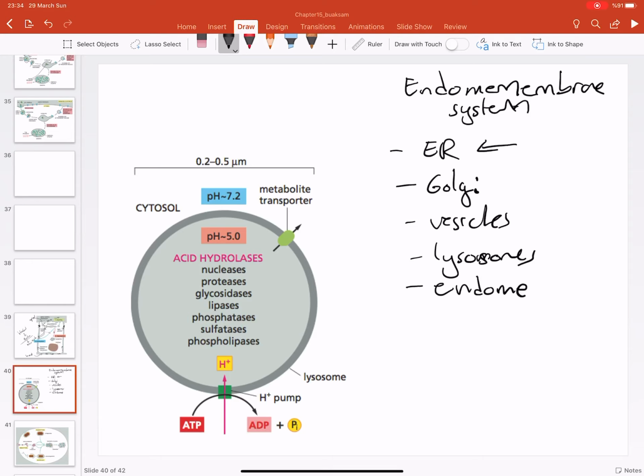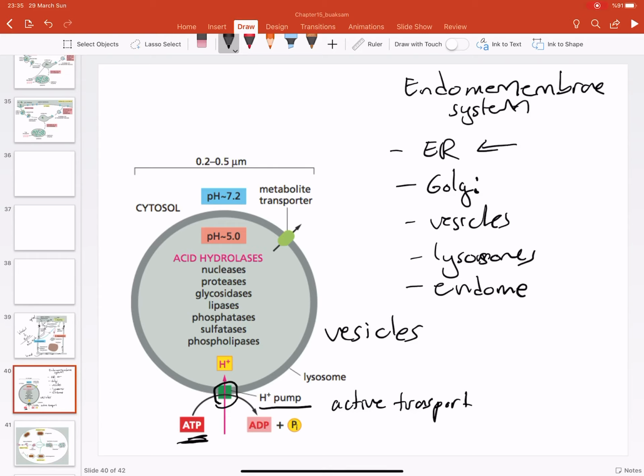And in the case of the lysosome, for example, it actually is nothing but a vesicle. It starts its life as a vesicle, and then the proton pumps come here. This is the proton pump. And remember, a pump is doing active transport. This is why it requires energy. The energy here is provided by ATP.